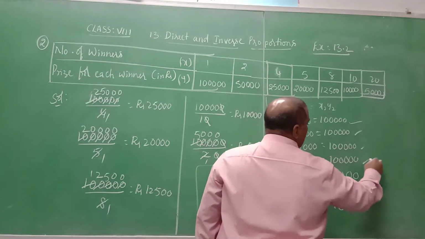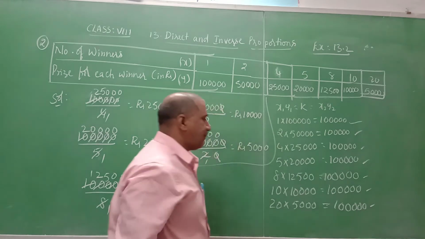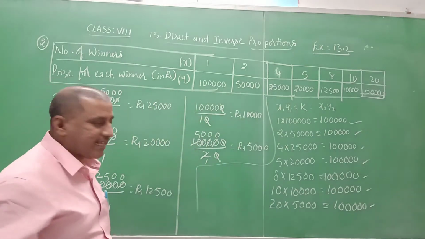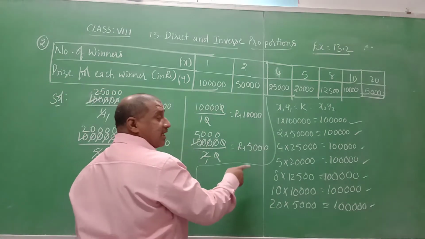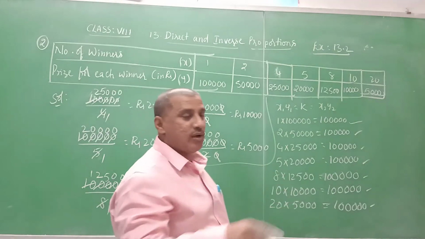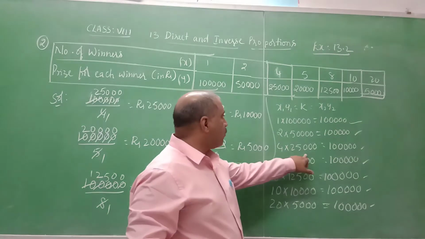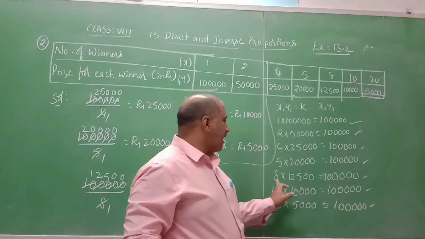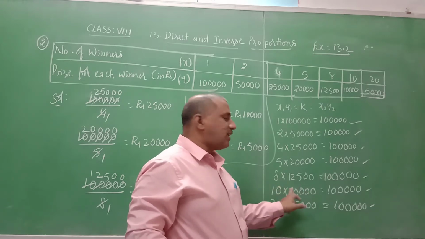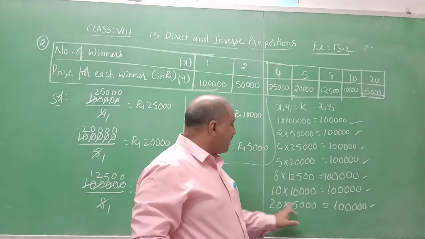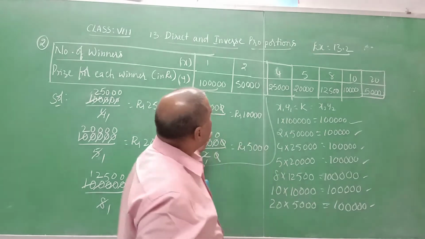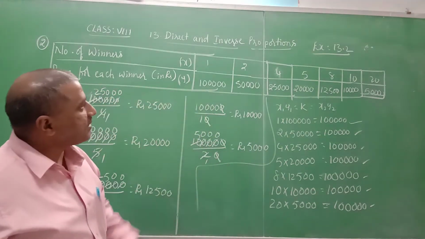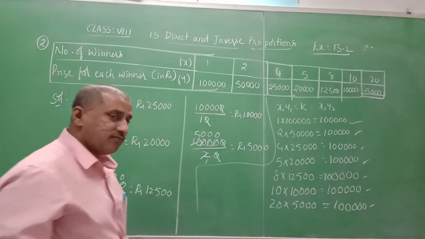Therefore here the products are the same. That is x1 into y1 is equal to x2 into y2, x3 into y3, x4 into y4, x5 into y5, x6 into y6, x7 into y7, x8 into y8. Like this we are getting all the same values.